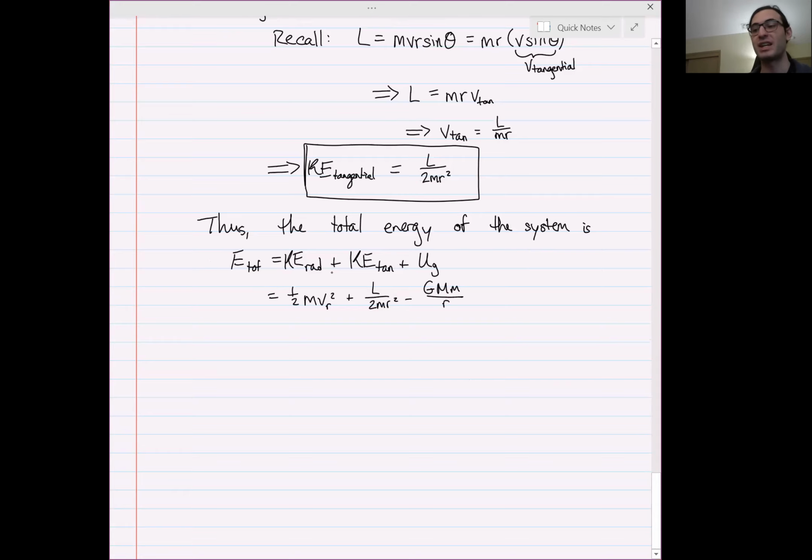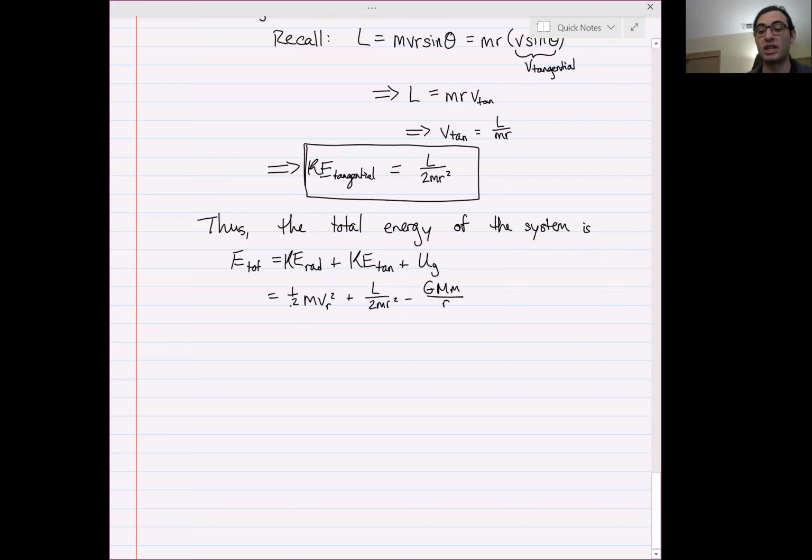And the important point is that even though the motion really is two-dimensional, there's only one term that depends on the velocity, and that's a term that depends only on the radial component of the velocity.